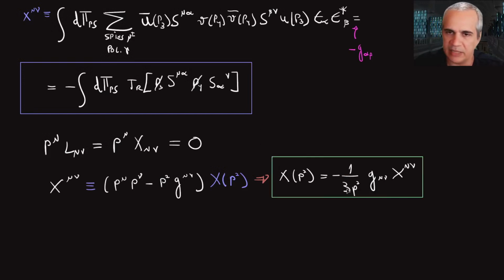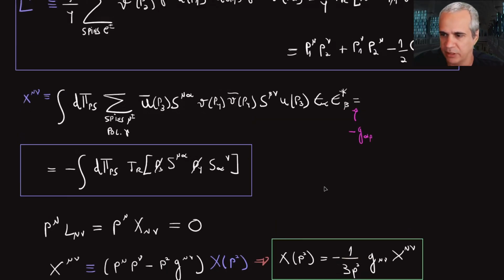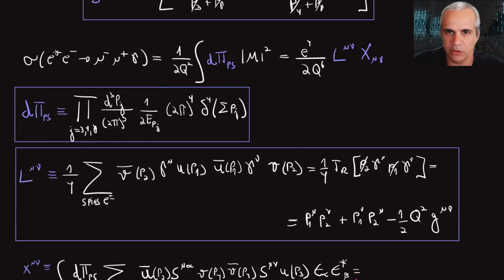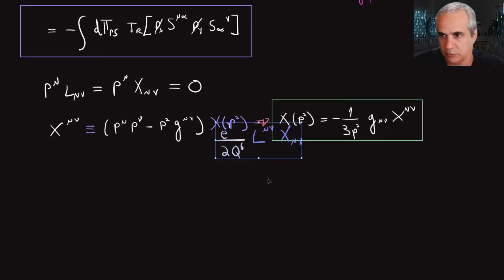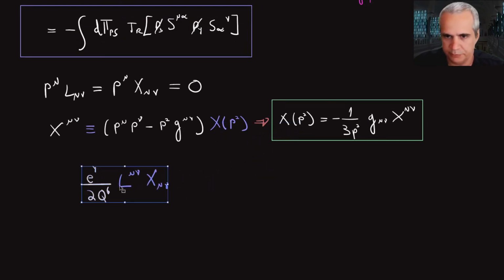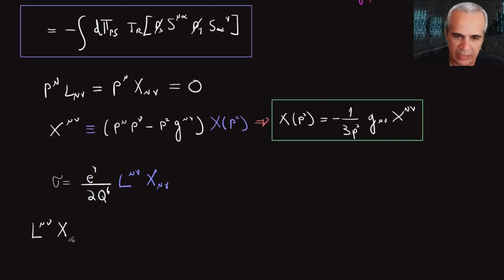And now I can use that in this contraction for the total cross-section. The cross-section is actually L^{μν} contracted with X_{μν}. Right, this is the cross-section. And L^{μν} X_{μν}, using everything I wrote above, right?